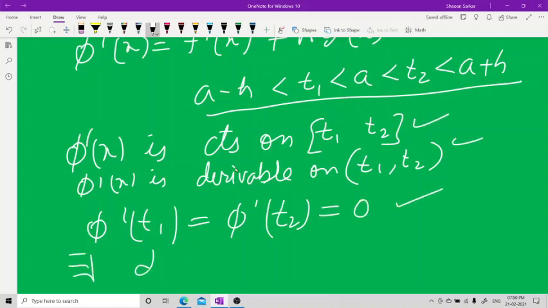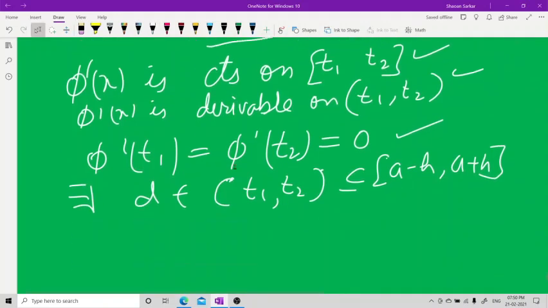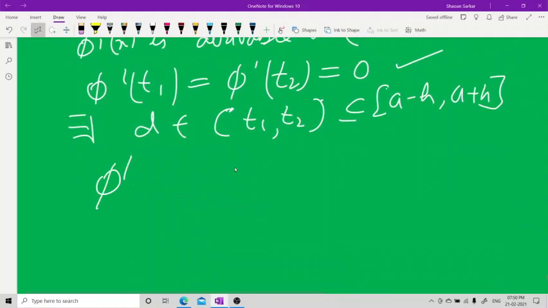There exists a d between t1 and t2, which is a subset of a minus h to a plus h. This is obvious because t1 and t2 you can see here. Now there exists that phi double dash d is equal to 0.